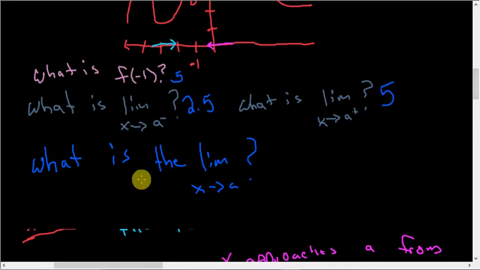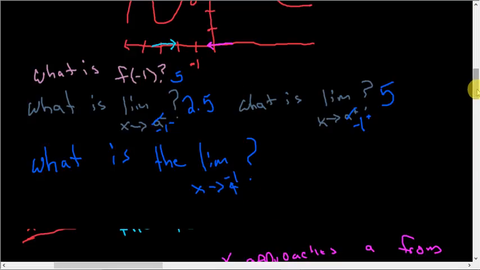And then, what is the limit overall? You might say, average them. Or well, I should have said x approaches -1 from the left, and here x approaches -1 from the right, and then here x approaches -1.